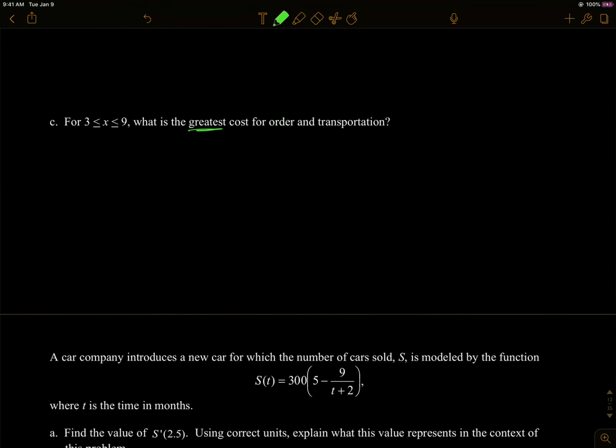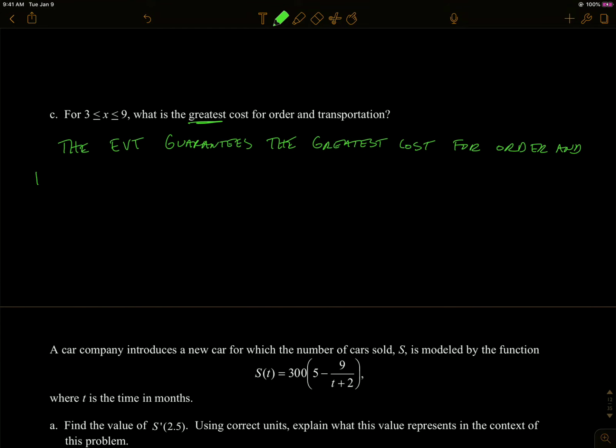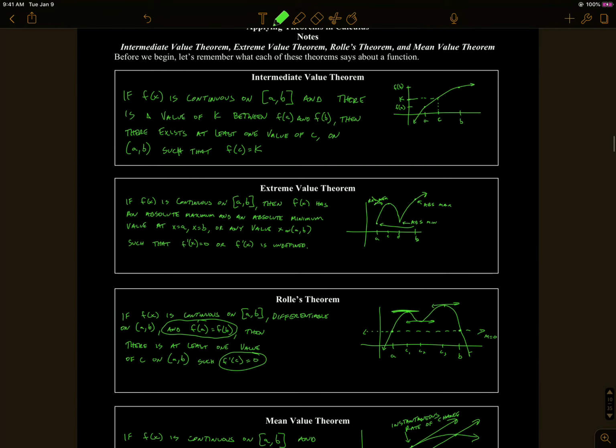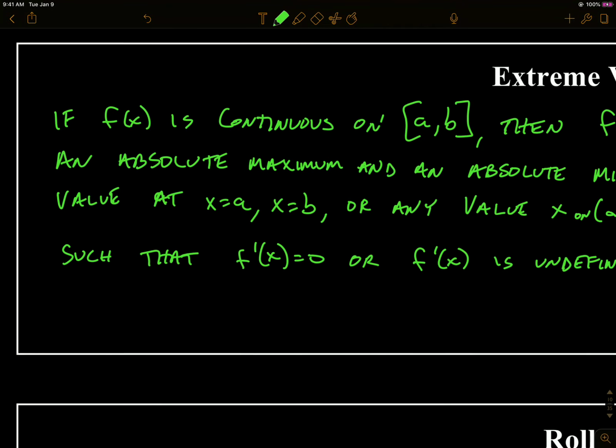Let's start writing some of this out. So the extreme value theorem guarantees the greatest cost for order in transportation, and we should probably mention that, remember, for the extreme value theorem, we have to mention that it's continuous on the interval.